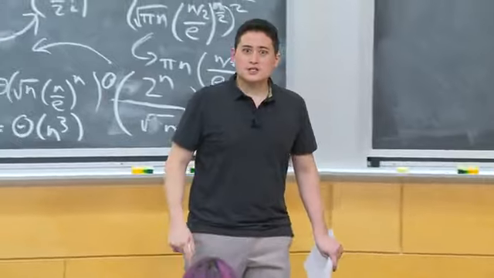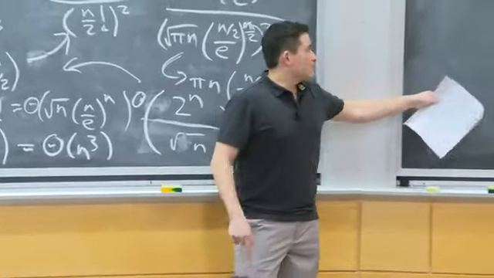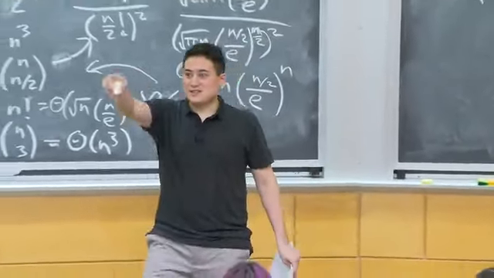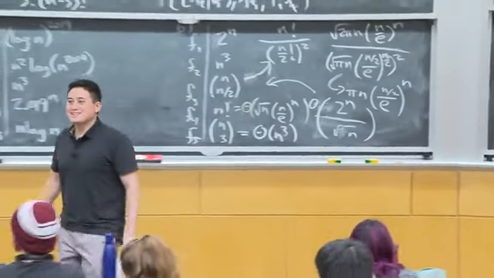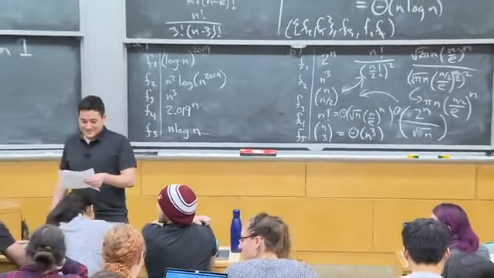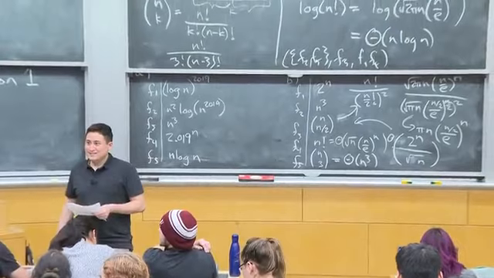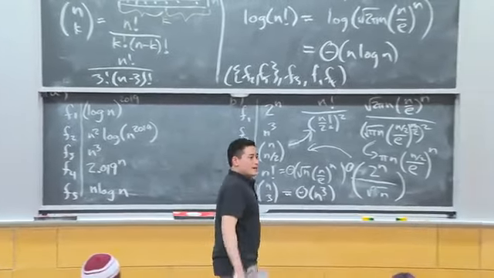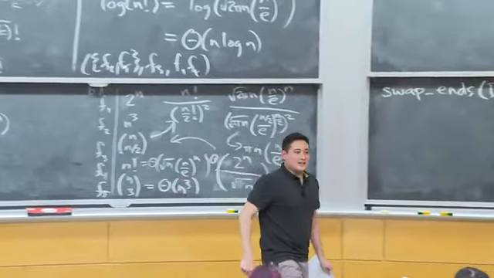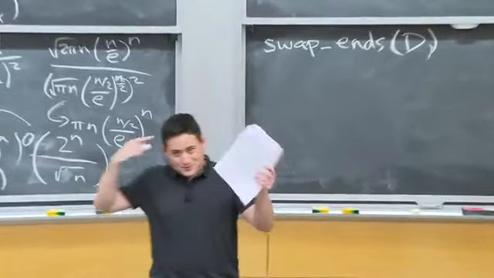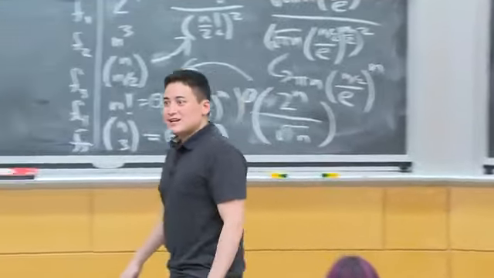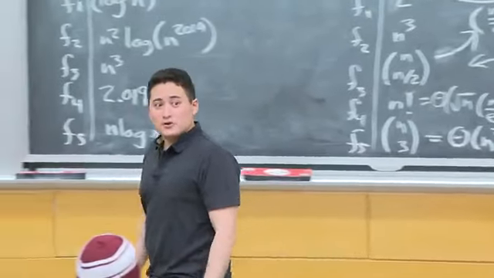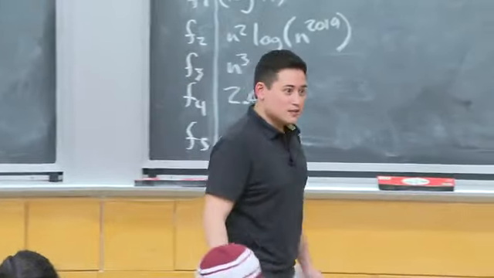Any other questions? All right, so how do we implement this swap ends thing? Pretty easy one. We say first equals... Okay, so another thing about this class: your colleague over here is trying to write code to me, which is great for a computer, and that's great if you're taking 6009.